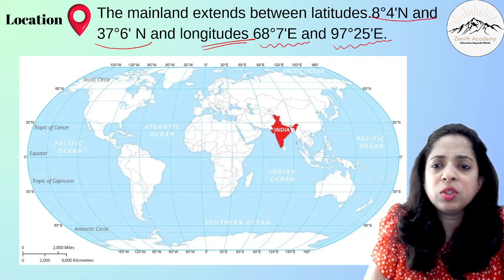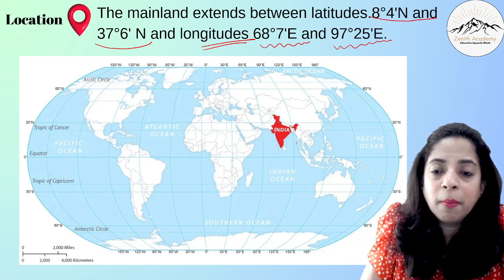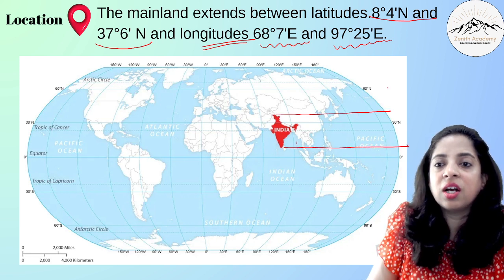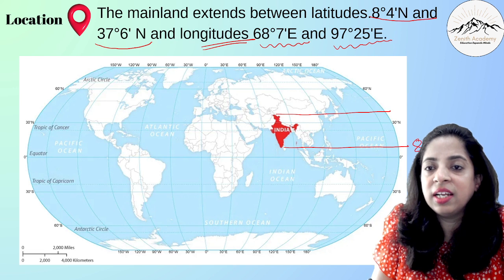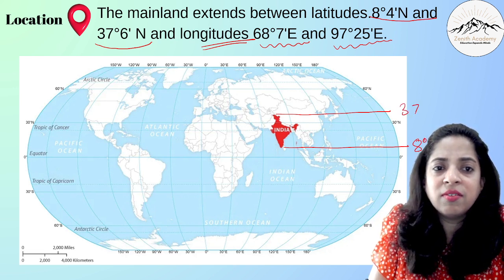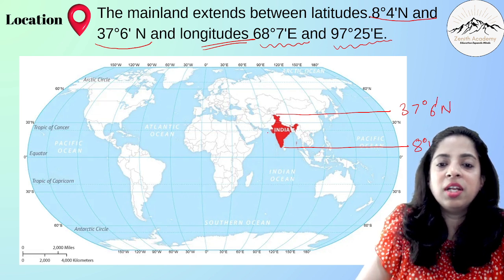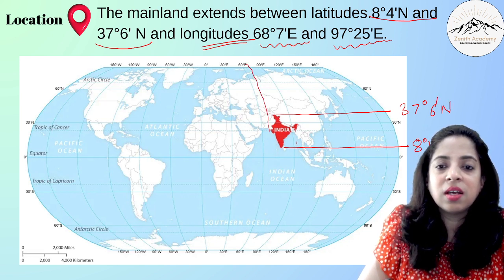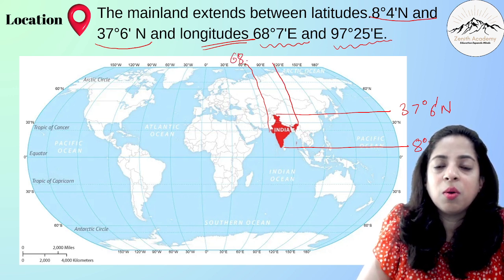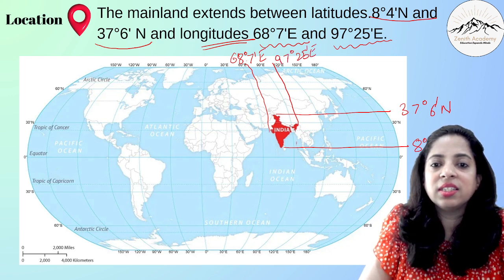So if you see here, this is 8 degree 4 minute north and 37 degree 6 minute north. Similarly, you can see here, this is 68 degree 7 minute east and 97 degree 25 minute east.